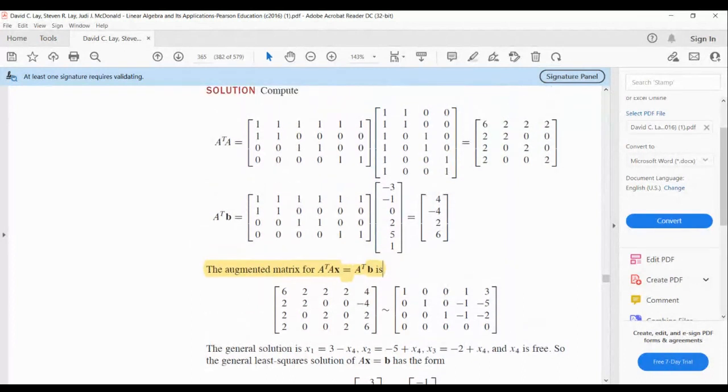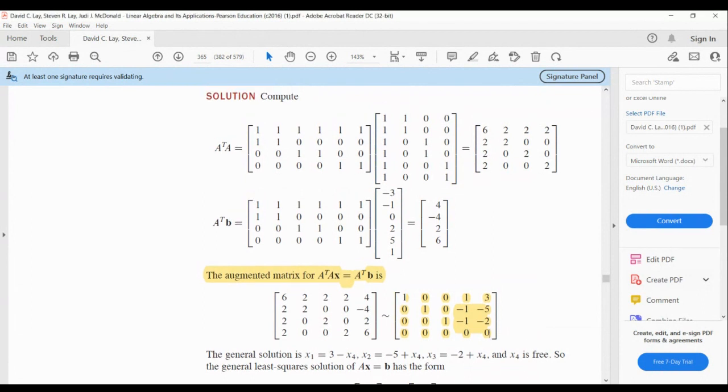And if you look here, in particular here, at that augmented matrix, is the least squares solution going to be unique? No, it's not going to be unique. You're going to have free variables in there, right?